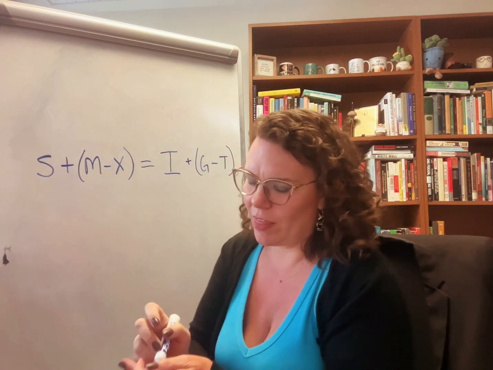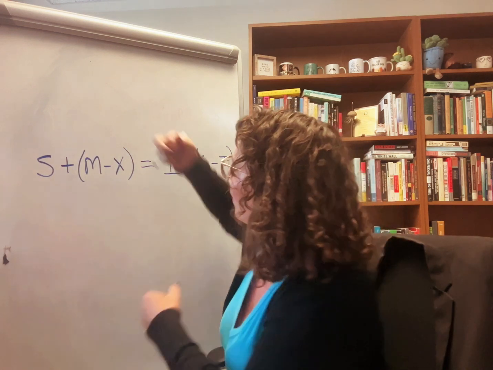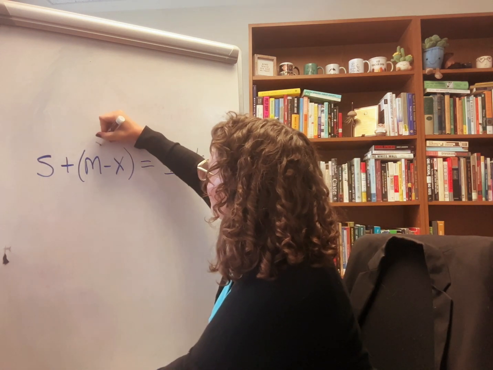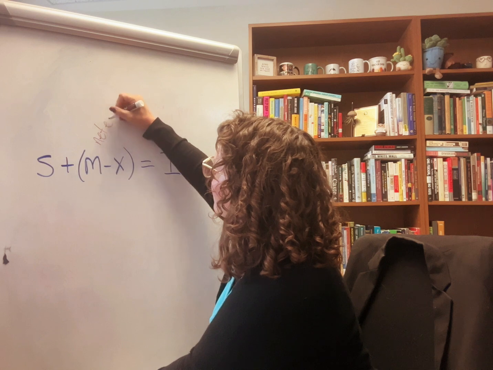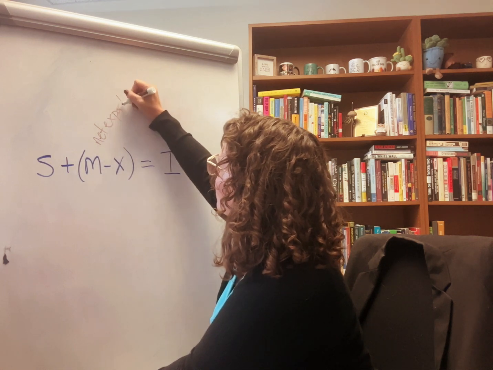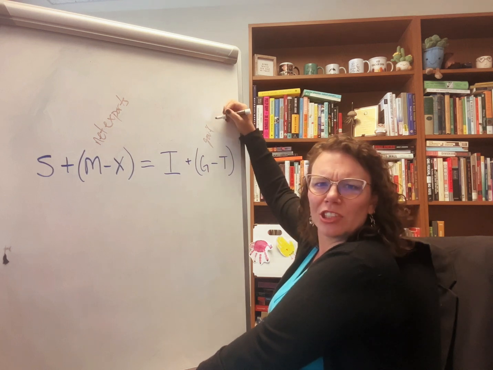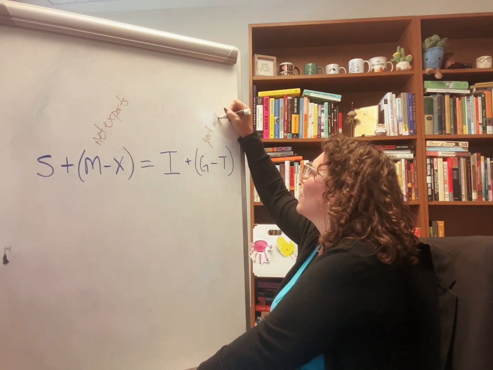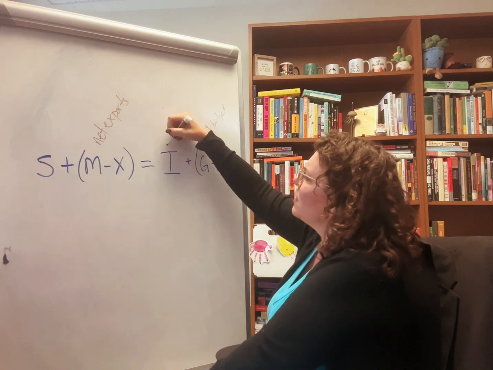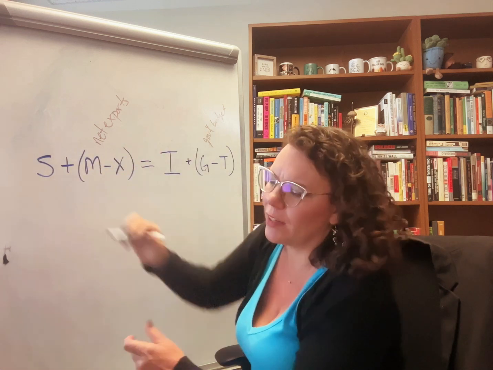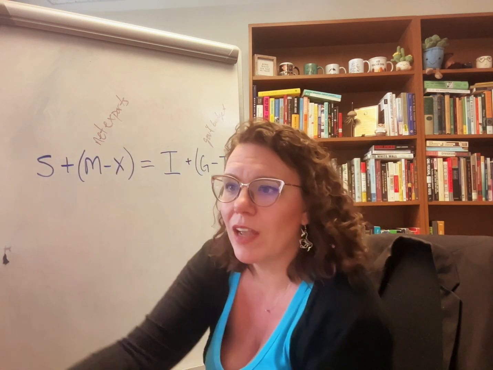And so we kind of want to think about the idea, right, that this is our net exports up here. And this is our government budget. And then this is investment and savings on the private side.